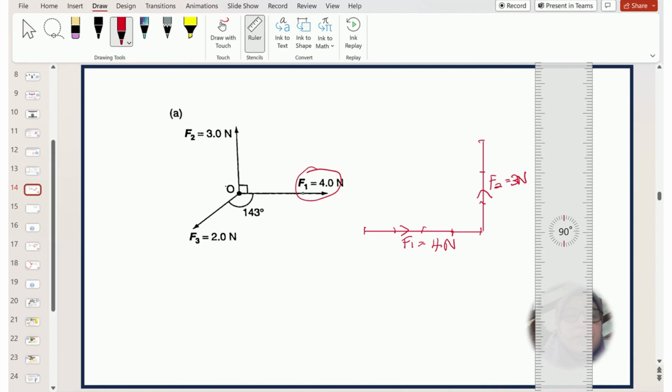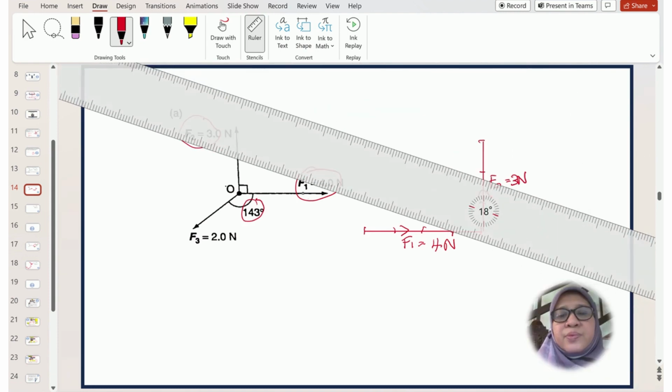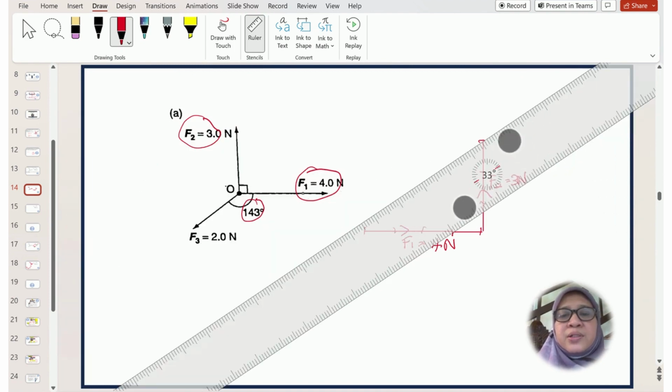Lastly is F3. The angle with F2 is 143, so we need to turn around here.